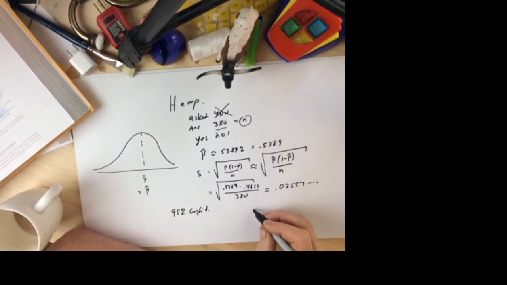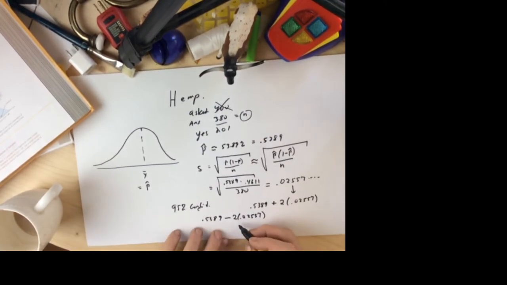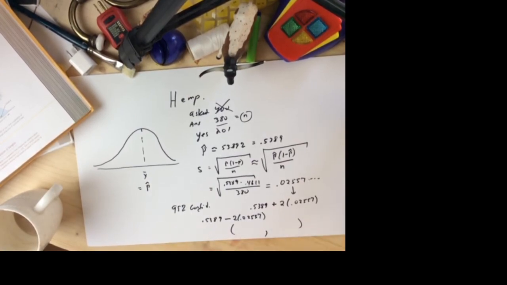So here we go. I'm going to take 0.5389 and add 2 of my standard deviations to it. And I'm going to take 0.5389 and subtract 2 of my standard deviations. And this is going to give me an interval from a low number to a high number.